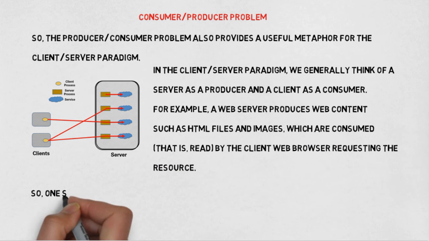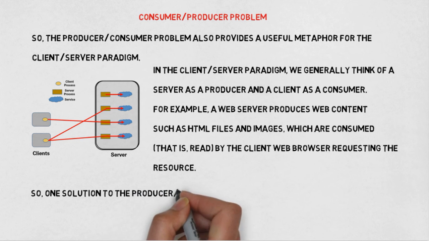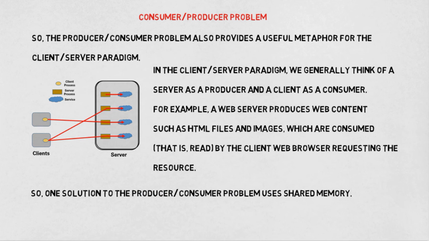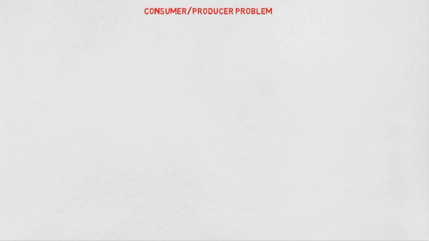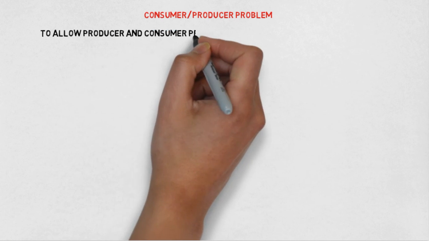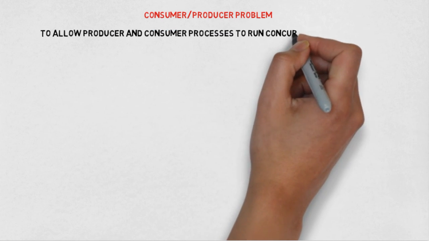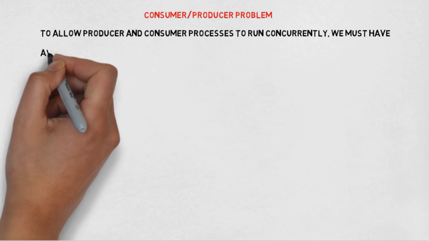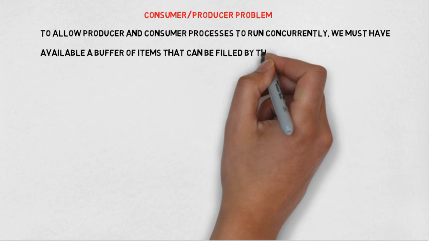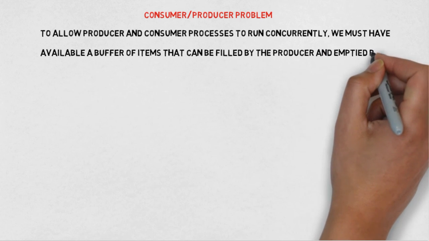One solution to the producer-consumer problem uses shared memory. To allow producer and consumer processes to run concurrently, we must have available a buffer of items that can be filled by the producer and emptied by the consumer.